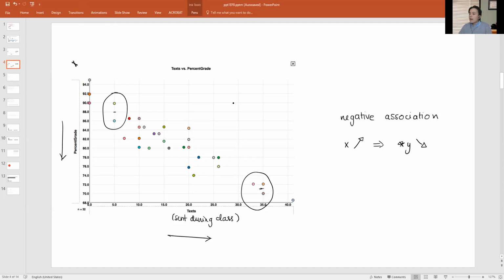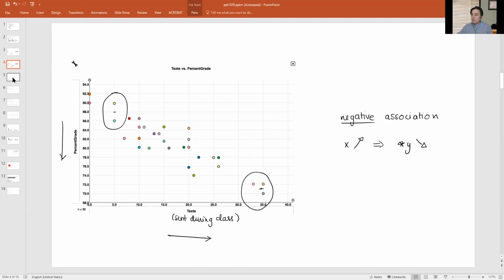Okay, and now the idea for us is going to be to determine, do we have in general a negative association or a positive association, and then also is my association really high or is it very low? So do I have a very strong association between the variables or is my association not that strong?